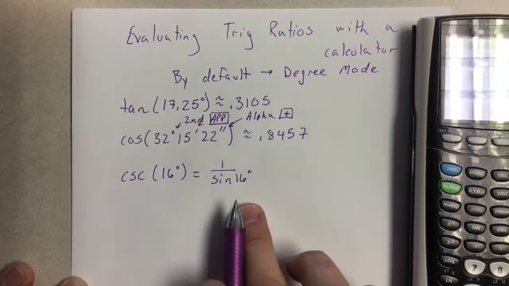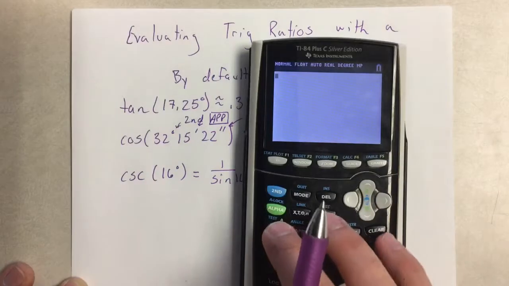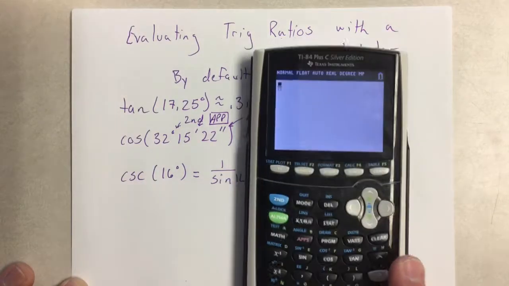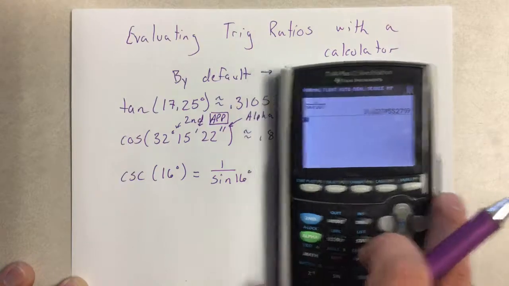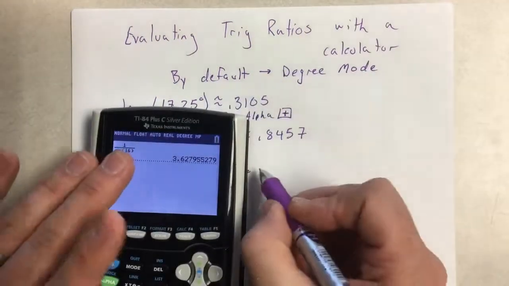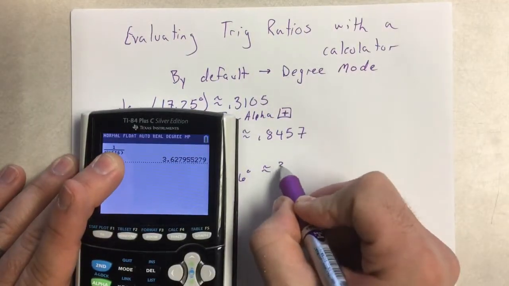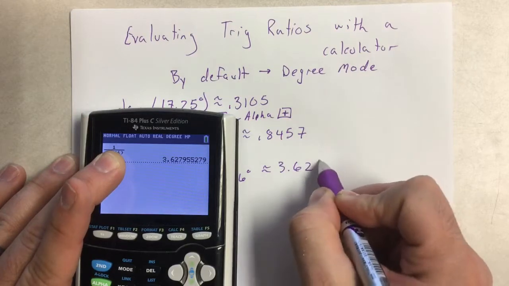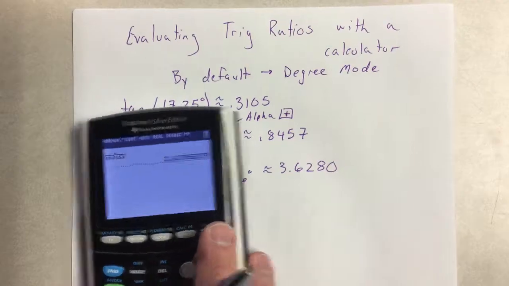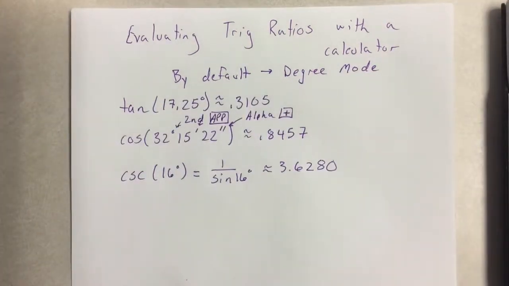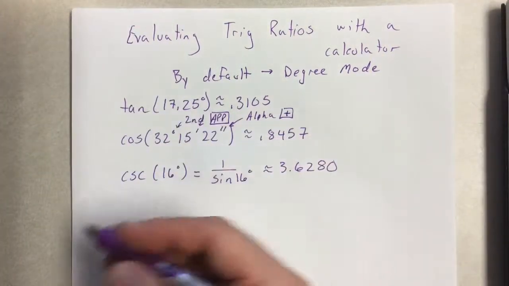I think I can do that. So 1 divided by sine of 16. Hey, it did it for me. 3.6280 with rounding. Okay, not bad, right? So this is in degrees.